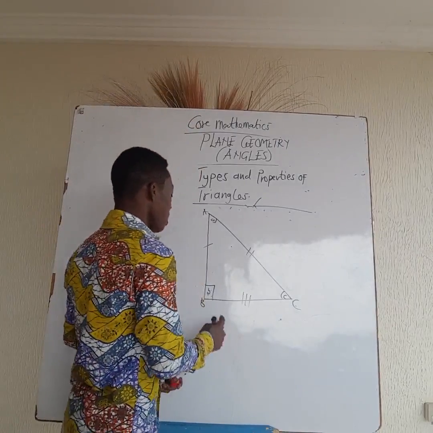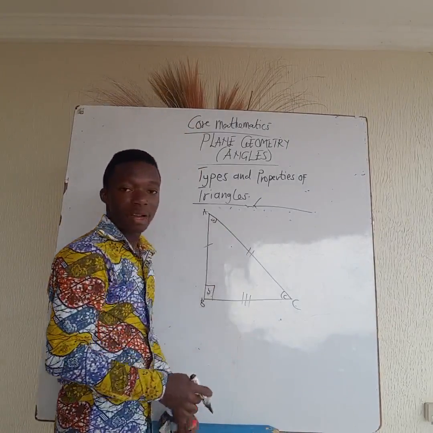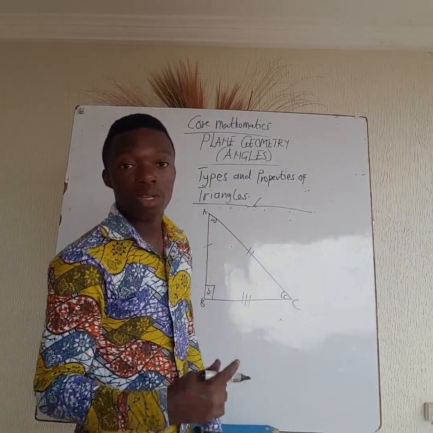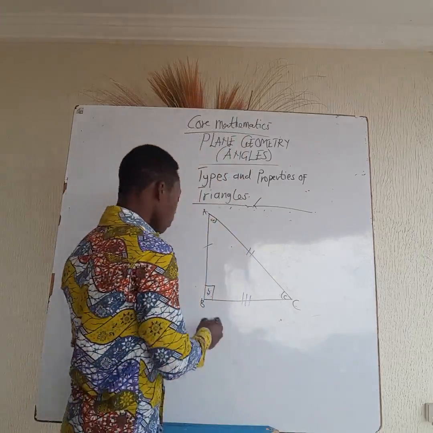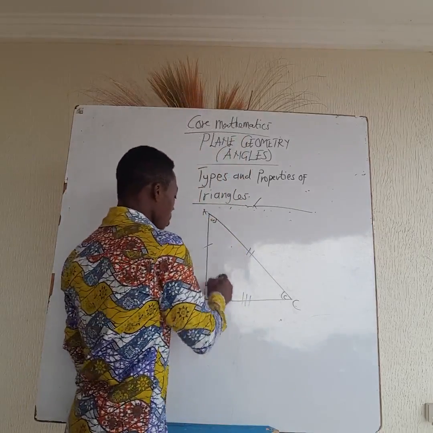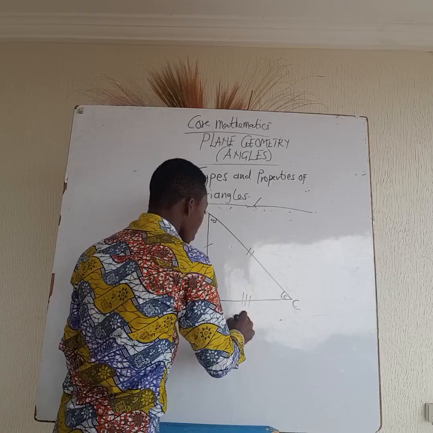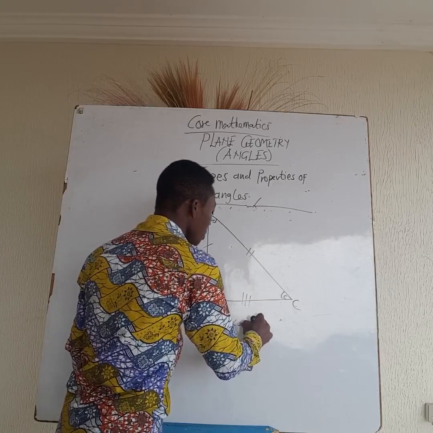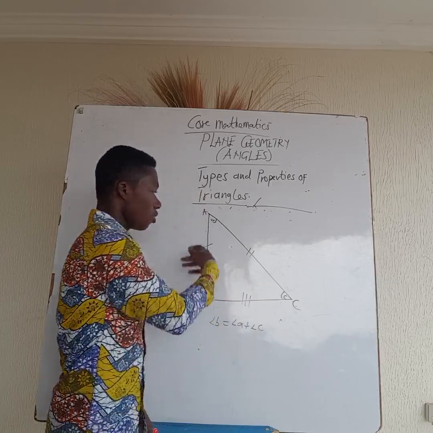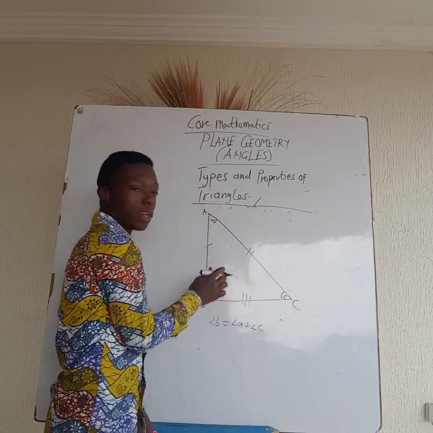So we clearly see that if here is 90, then when I add up the remaining interior angles, I'm going to get 90 degrees. So you can see that angle B is equal to angle A plus angle C, because when I add up this, I'll get this.